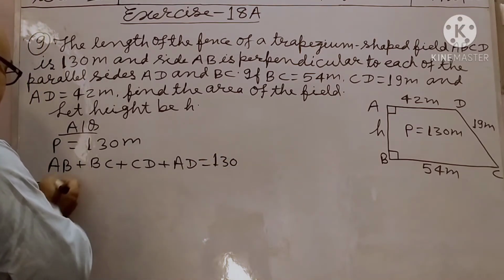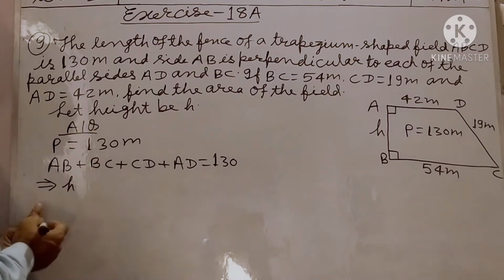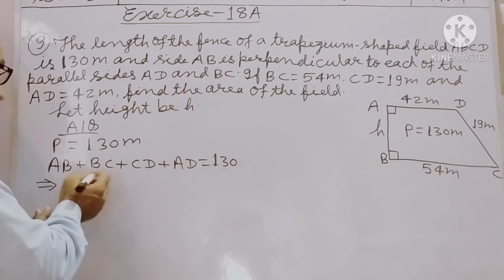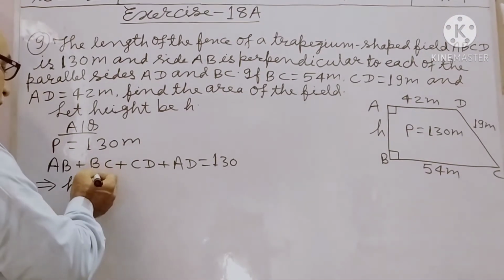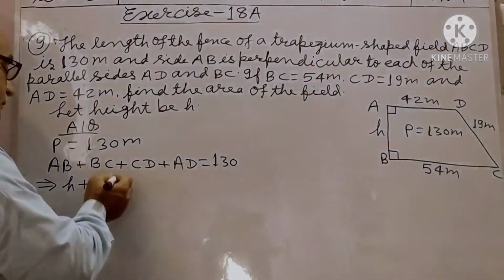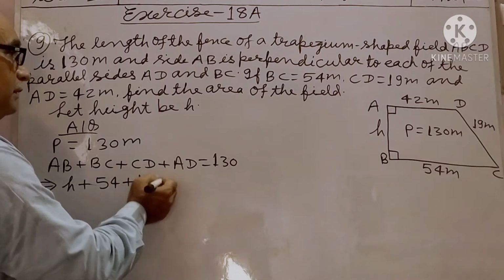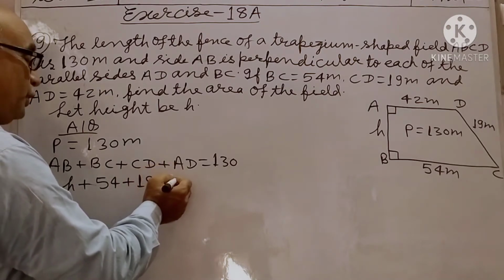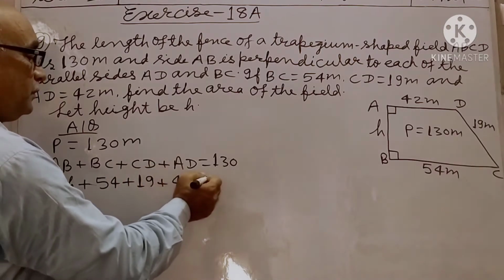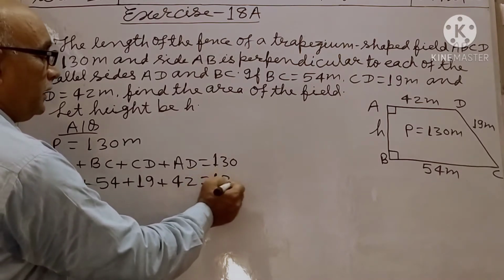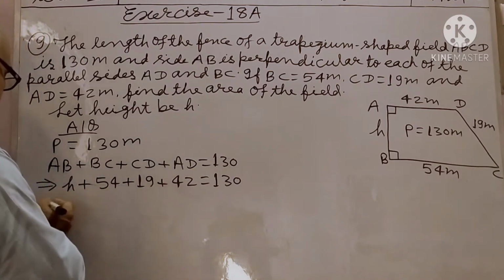That implies AB equal to H plus BC equal to 54 plus CD equal to 19 and AD equal to 42 equal to 130.